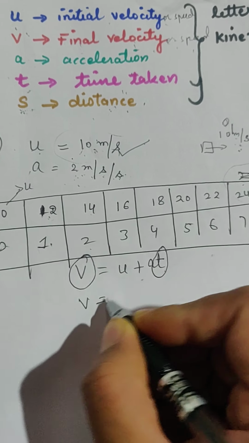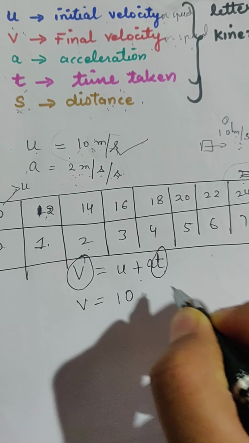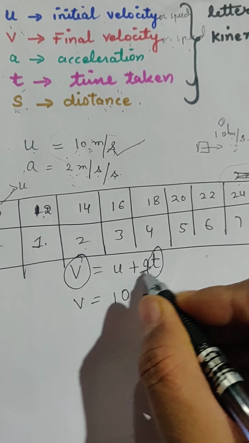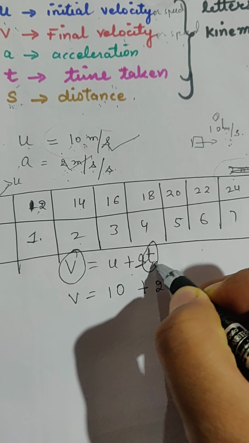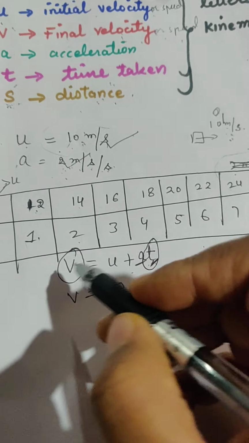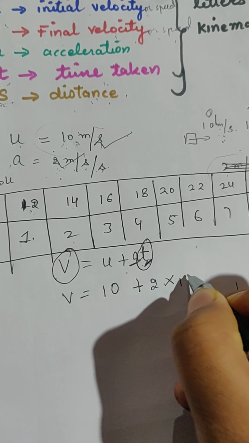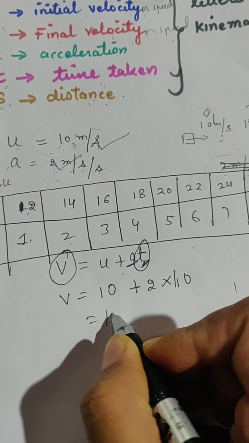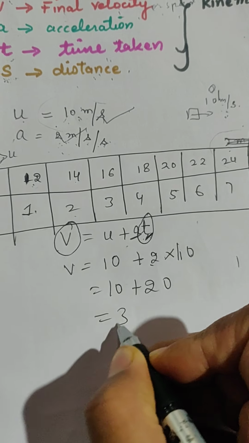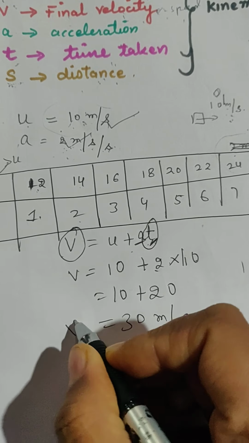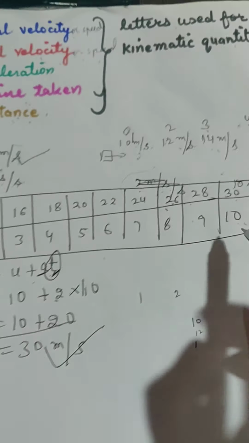This means v equals the initial velocity 10 plus the acceleration 2 into the time, which is 10 seconds. So it will be 10 plus 20 equals 30. See, you can verify. It was 30 and here it was also 30.